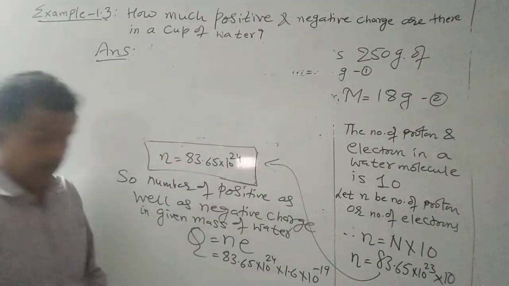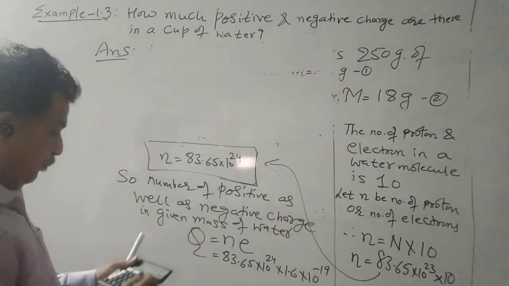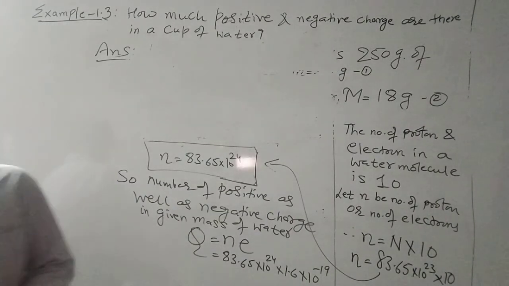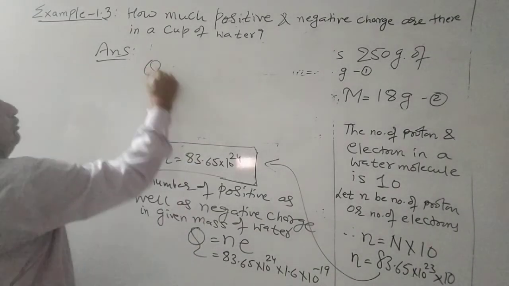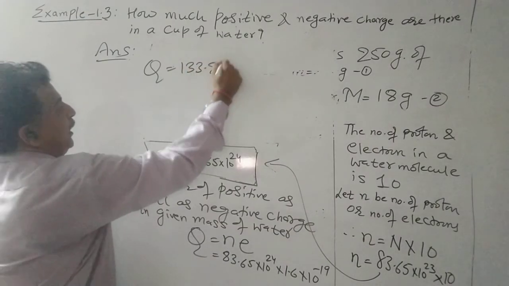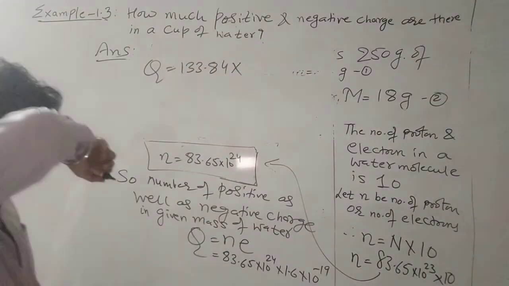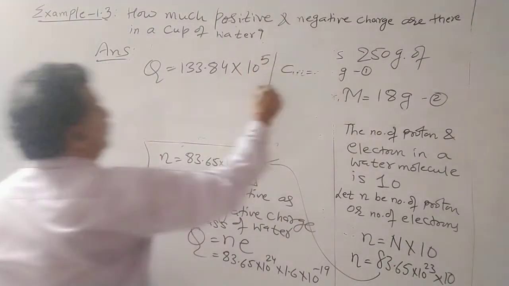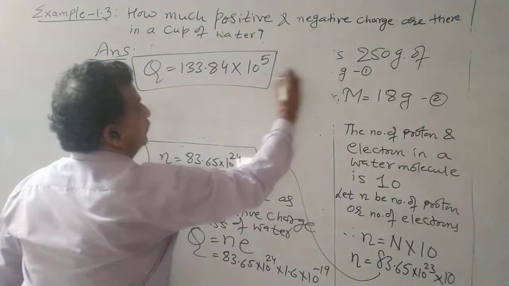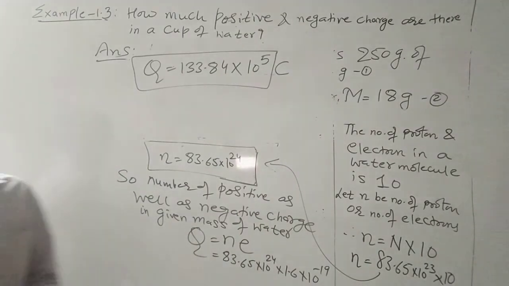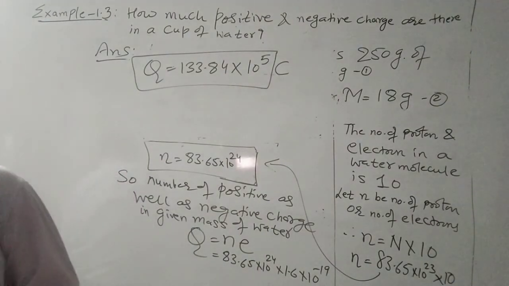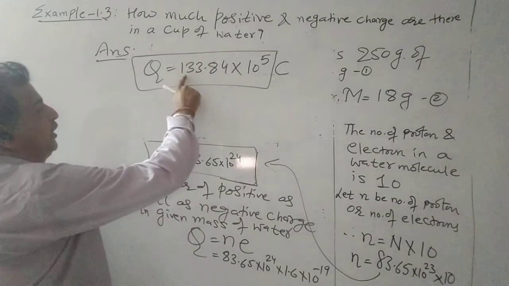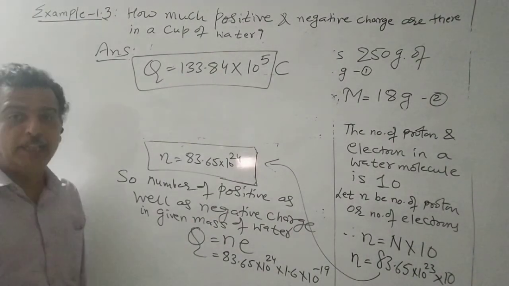If you multiply 83.65 into 1.6, it comes out to be 133.84, so 133.84 into 10 raised to 5 coulomb. So don't forget to write the unit also. So the total amount of charge in the given mass of the water is 133.84 into 10 raised to 5 coulomb.